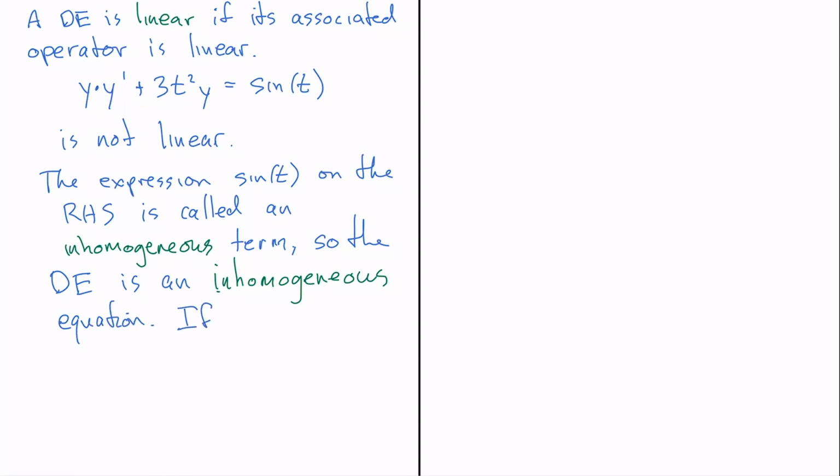If the right-hand side is 0, we call the equation homogeneous.